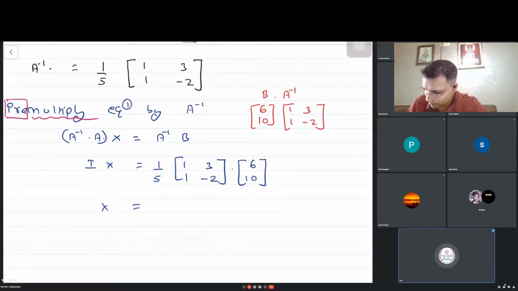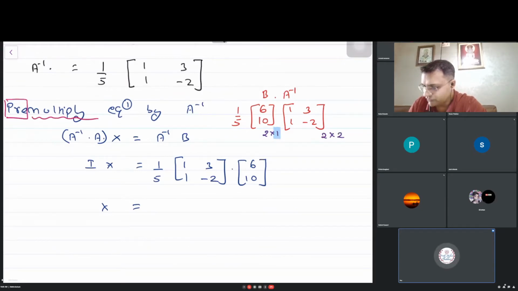I am not worried about this fraction because 1 by 5 is a constant number, a scalar, which can be written anywhere, either over here or over here or over here. So it does not affect me at all. I am more concerned about multiplication of the matrices. So the problem over here, guys, is that the matrix B is of order 2 by 1. This is of order 2 by 2.